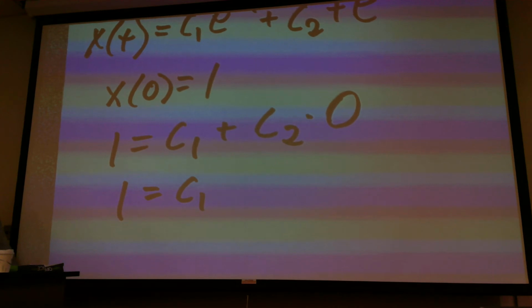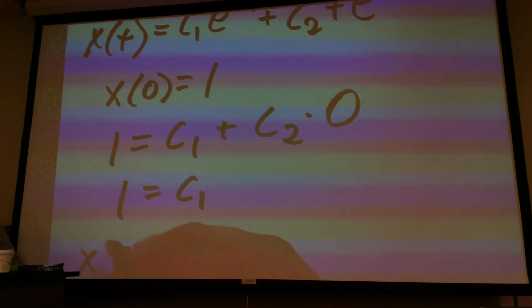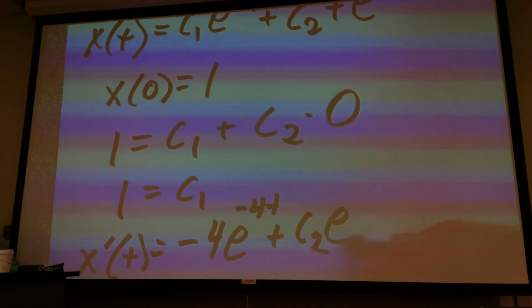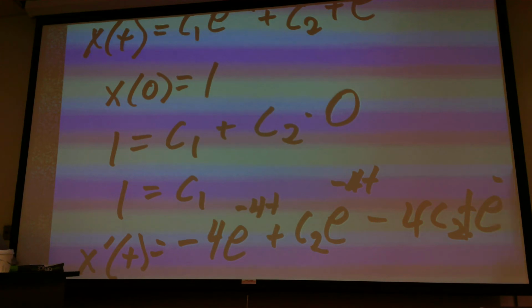Now x prime of t would be negative 4 times c1, which we already know is 1, e to the minus 4t, plus c2 e to the minus 4t. We don't have to do the product rule on this. And then minus 4 c2 t e to the minus 4t.